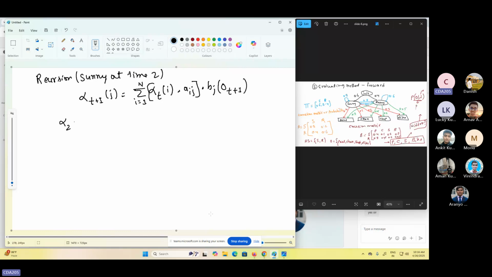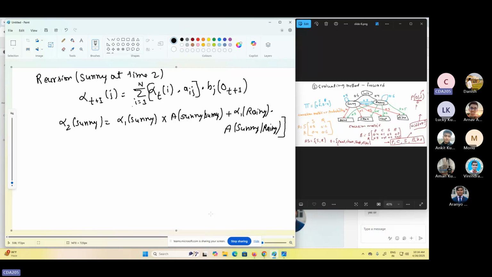So what will alpha 2 sunny be? That is alpha 1 sunny into A sunny to sunny, plus alpha 1 rainy into A rainy to sunny.